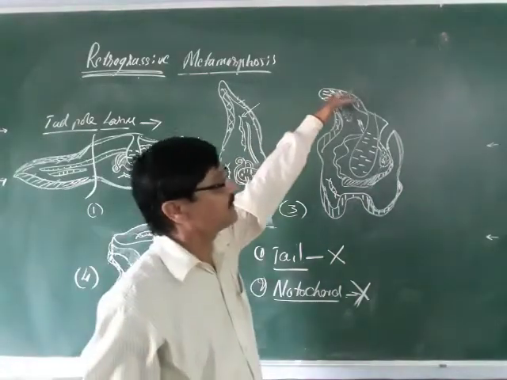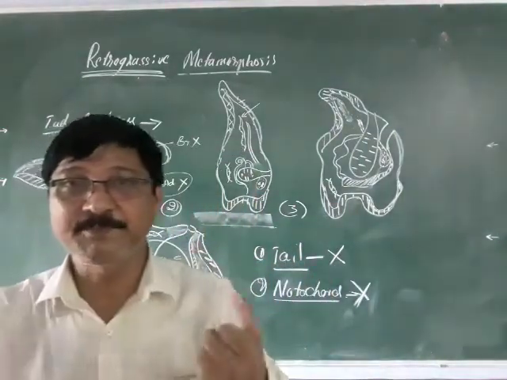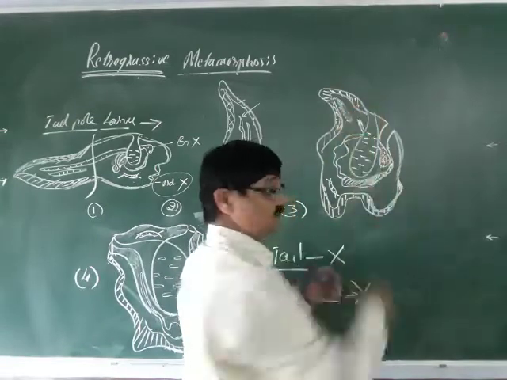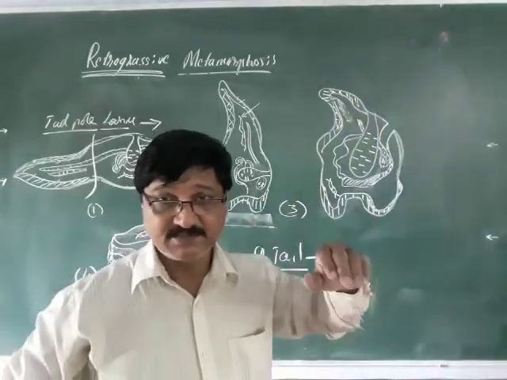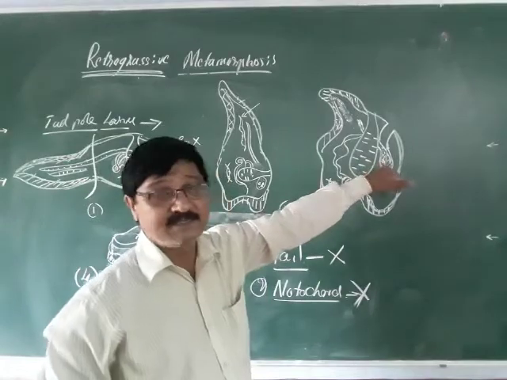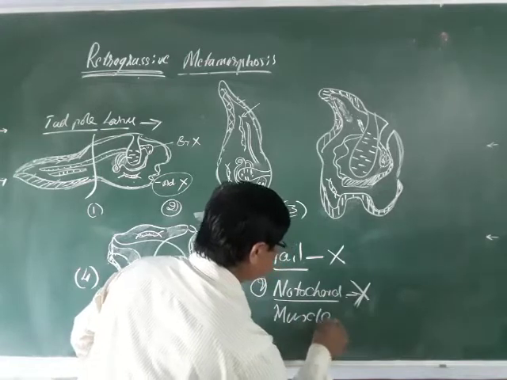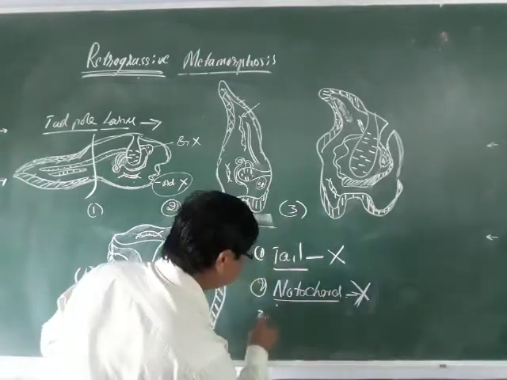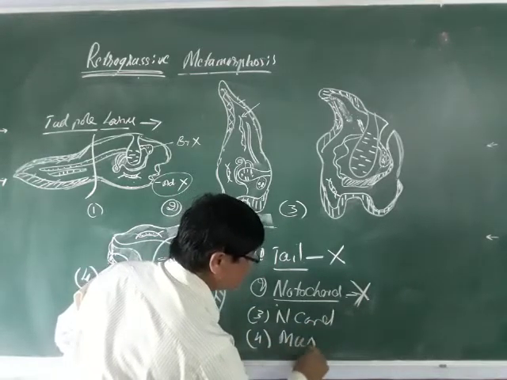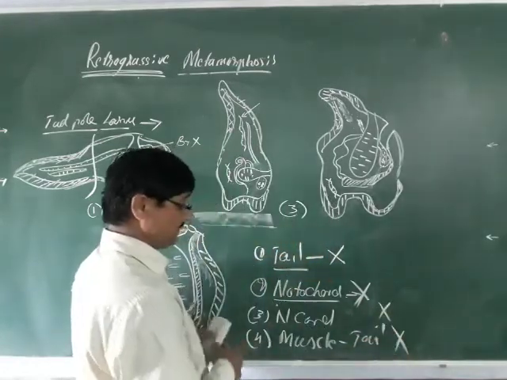The muscles of the tail region will be completely disintegrated and absorbed by means of phagocytosis again. Sorry, I made a mistake. The third is the nerve cord, and the fourth is the muscles present in the tail region, which also disappear or disintegrate.